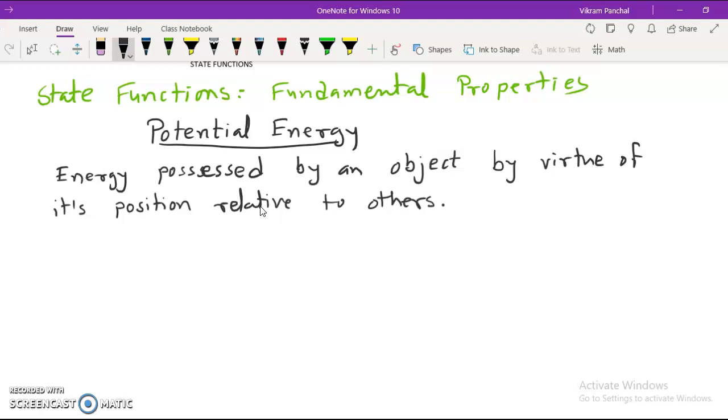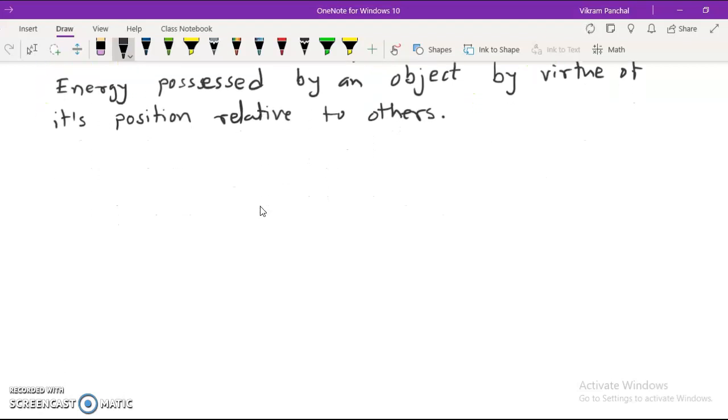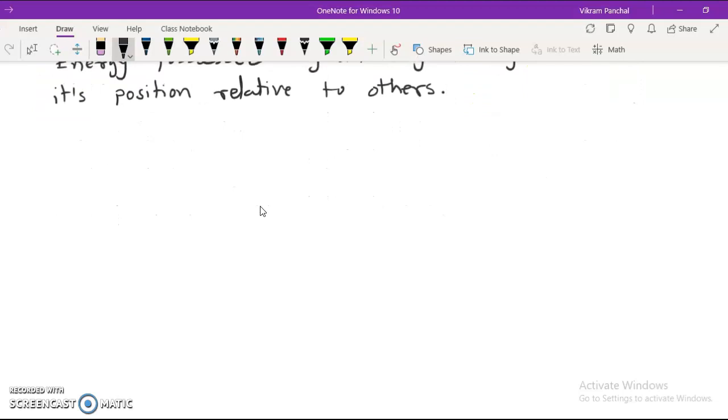Now this can be explained with an example only. So let us take one example. Suppose we take different levels. Let us take two different levels and one more level which is in between them.